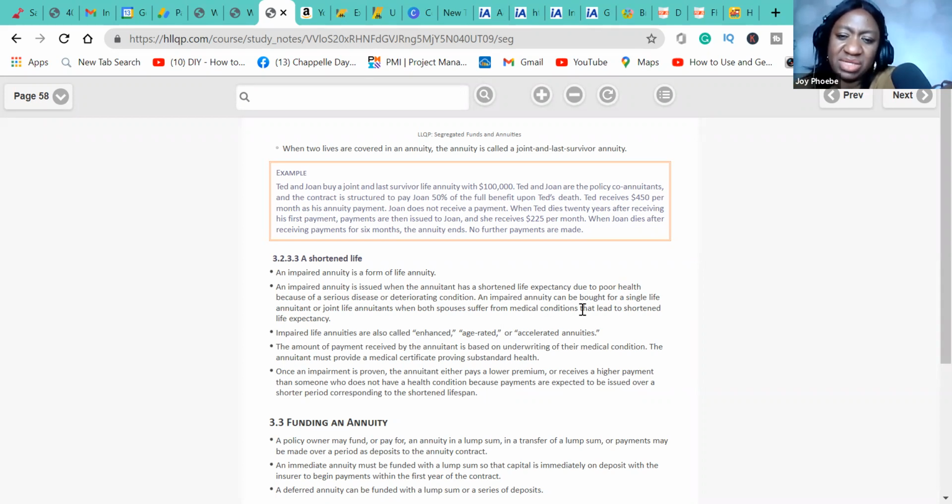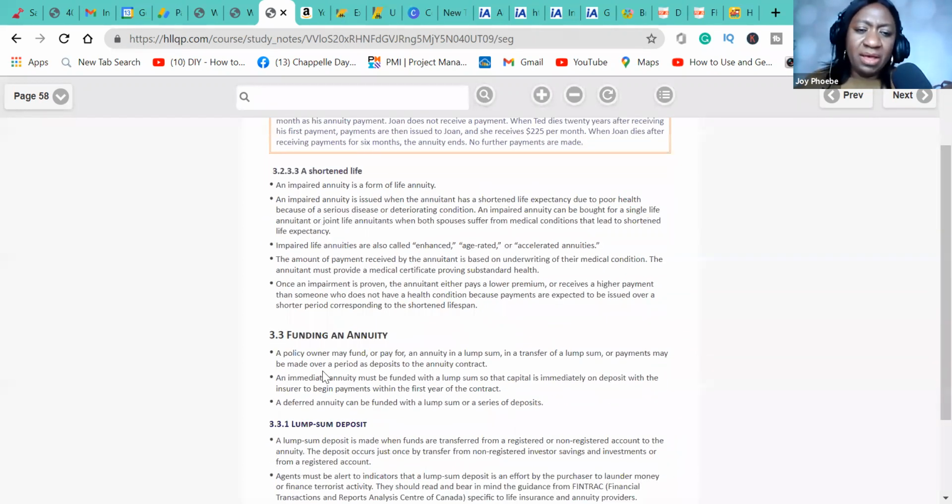An impaired annuity can be bought for a single life annuitant or a joint life annuitant, when both spouses suffer from medical conditions that lead to a shortened life expectancy. Impaired life annuities are also called enhanced, age rated, or accelerated. Anyways, I've not seen questions on this one.